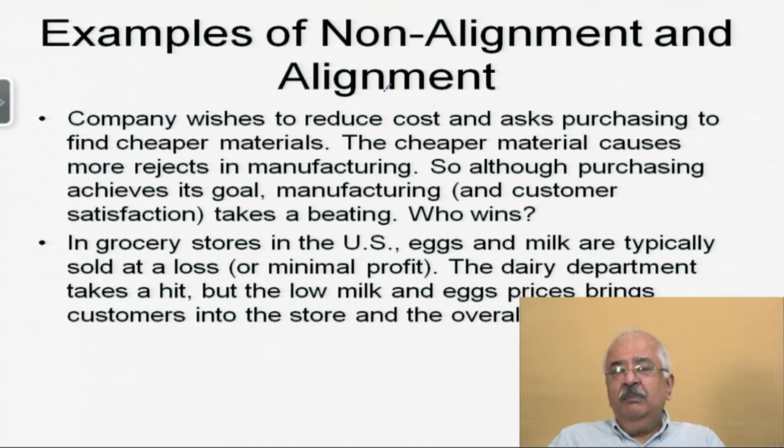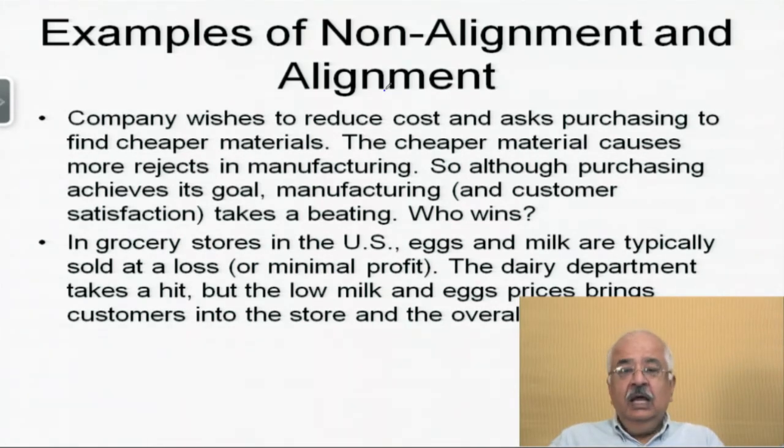And if the number of rejects goes up, the time that it would take to complete a customer order, as well as the cost at which that customer order would be achieved, will tend to go up, and therefore the customer may have to end up paying a higher price. And so the question is, who wins in this case?